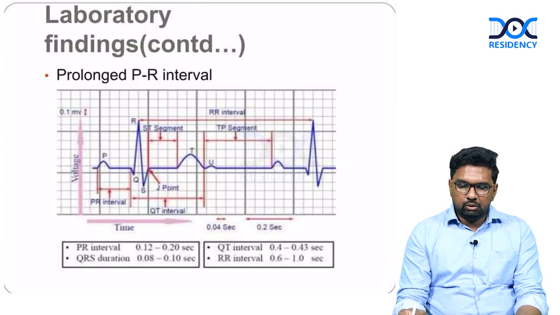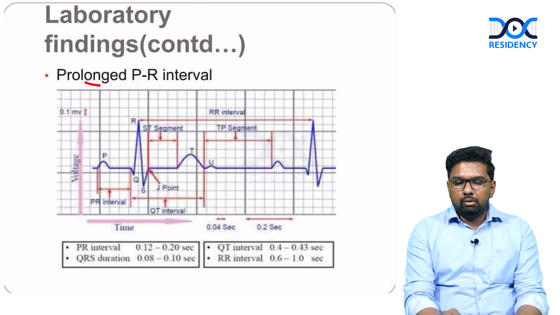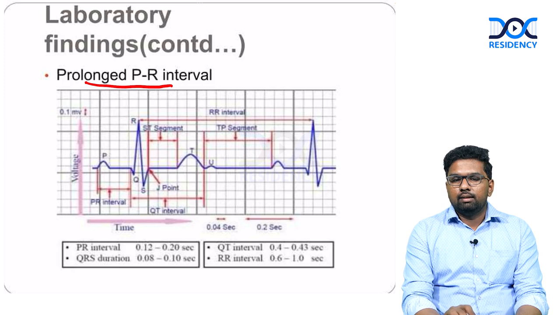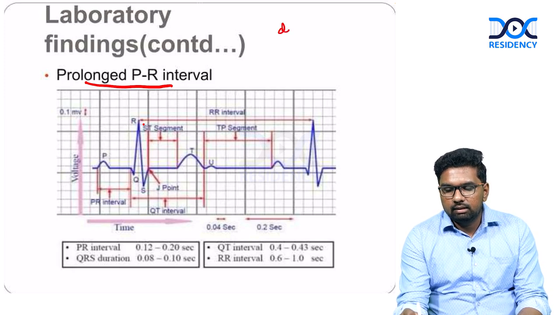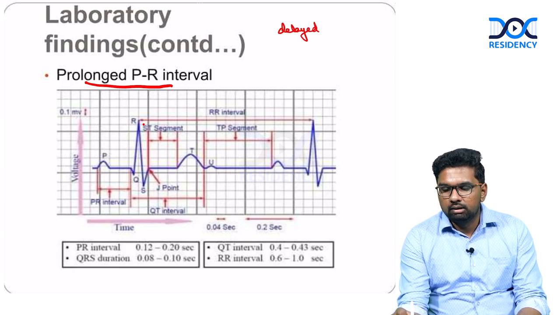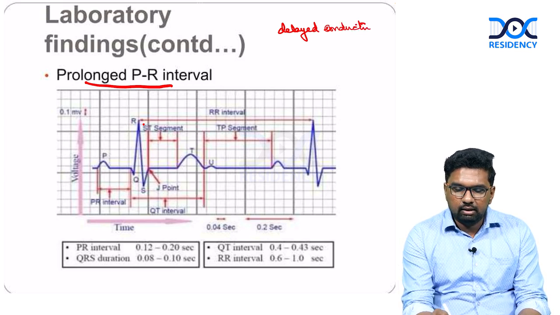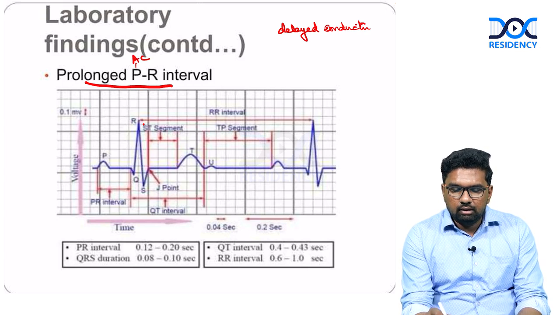So, in ECG, what are the findings you can expect? There will be a prolonged PR interval. This is because of delayed conduction. The P wave is due to atrial contraction and the R wave is due to ventricular contraction.